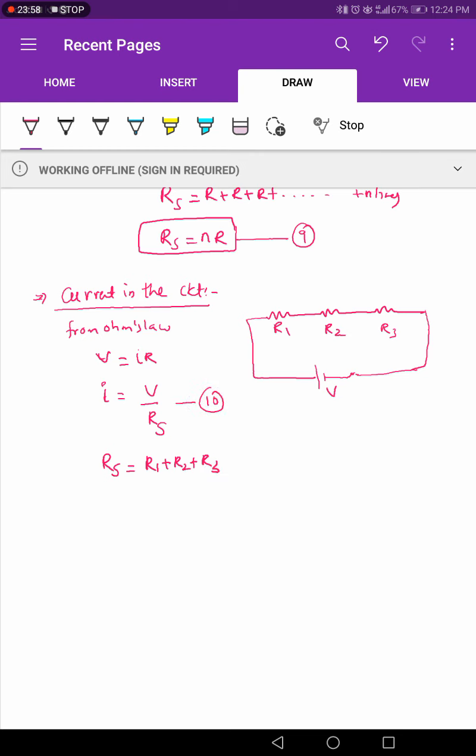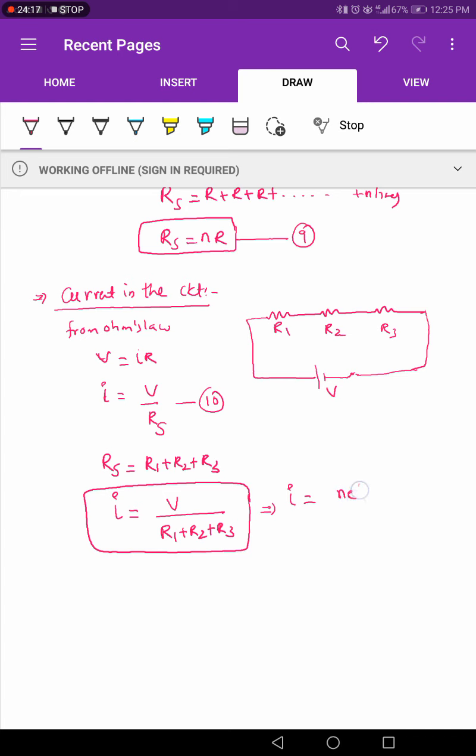Now substitute this in the above expression, therefore current in series combination I is equal to V by R1 plus R2 plus R3, or simply we can write I is equal to net EMF by net resistance. This is a general formula. Whichever combination is used, that effective resistance we can use here.